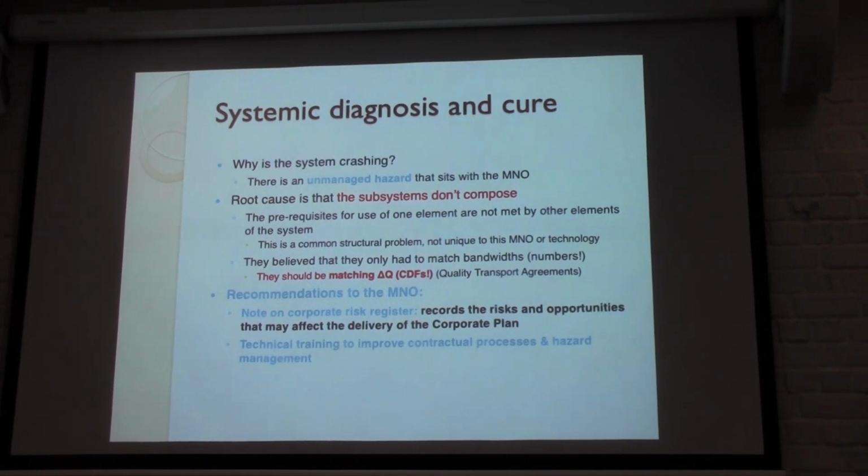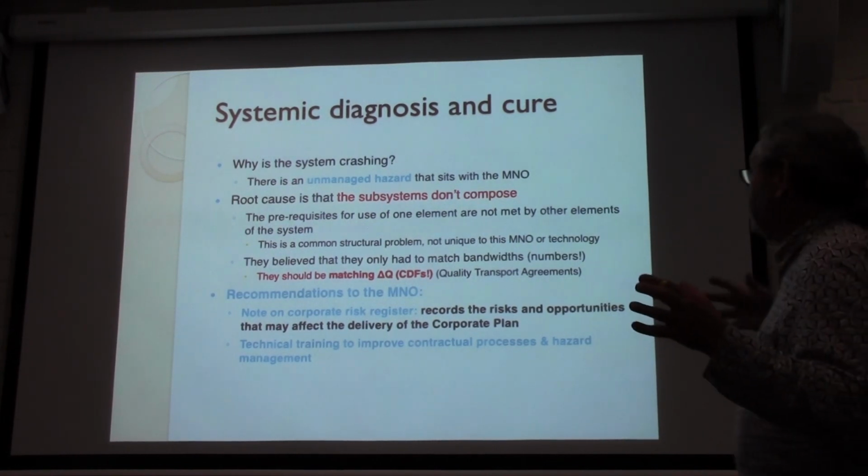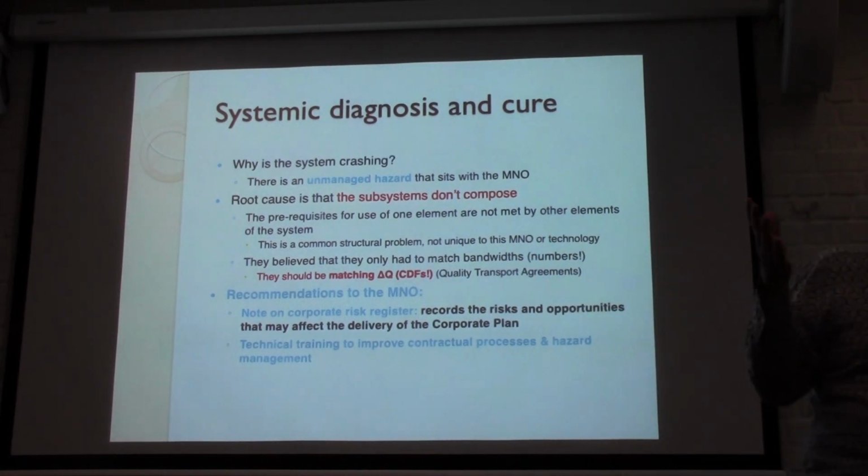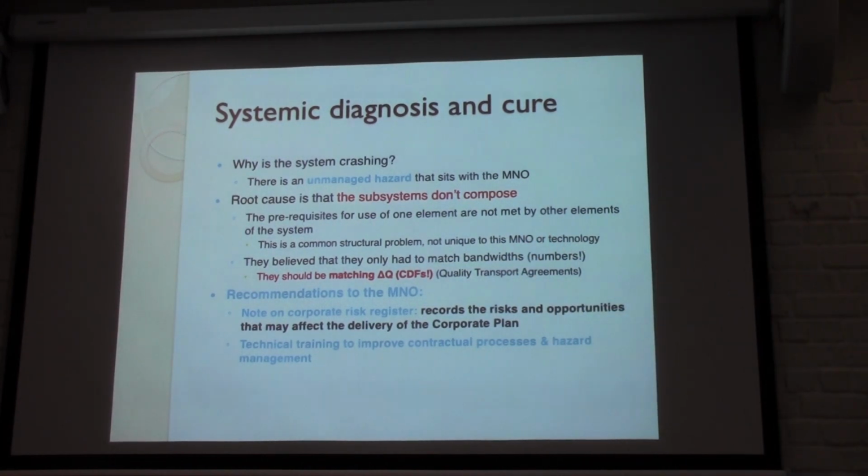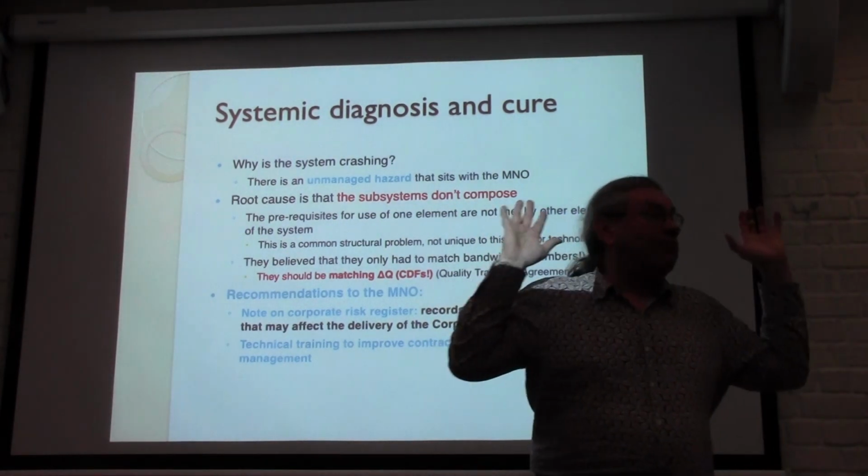Okay, so that's the first case study. You can see how looking at full delta Q is much stronger than just checking that bandwidths are matched. I'm downloading, I have a 400 megabit download rate, and I can accept up to 1 gigabit, so I'm fine, right?